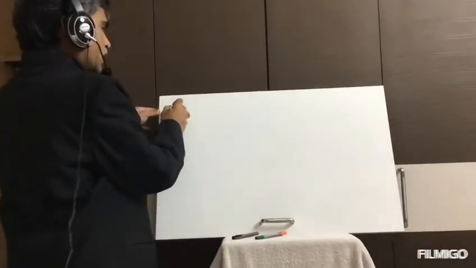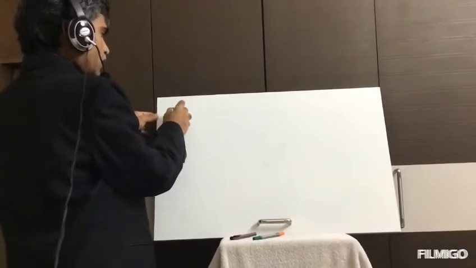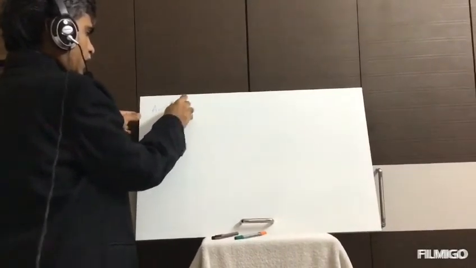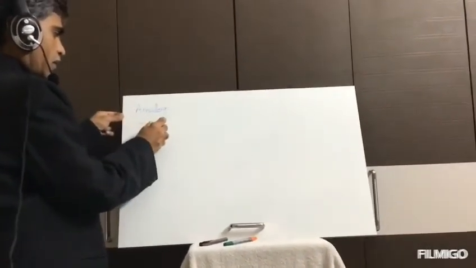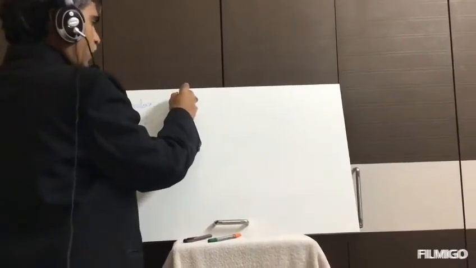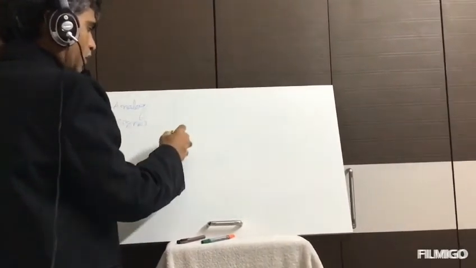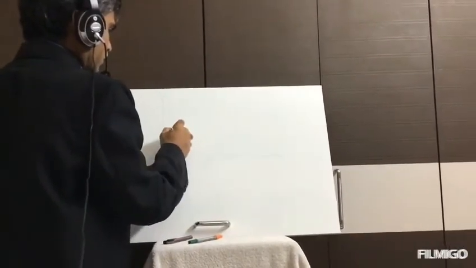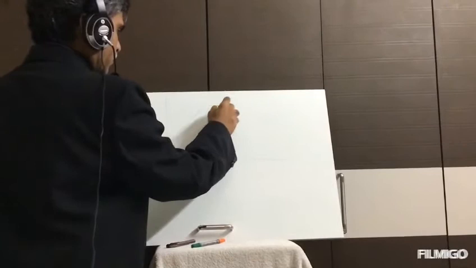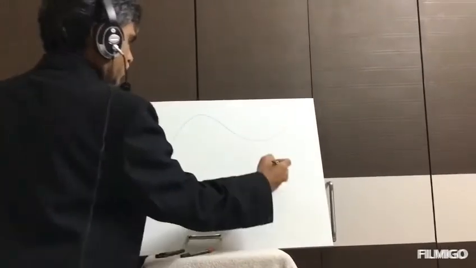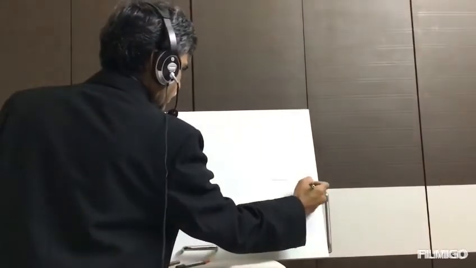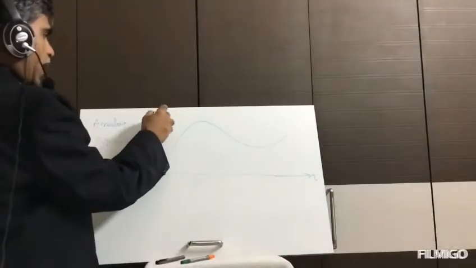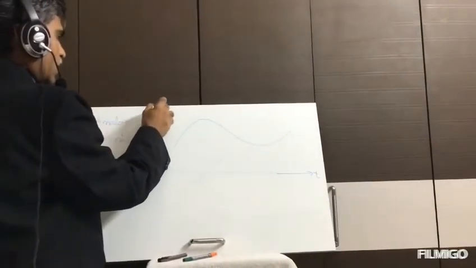So first let us take the analog signal here. I am taking an arbitrary analog signal. Taking this as the time axis, and amplitude is taken along this vertical axis.